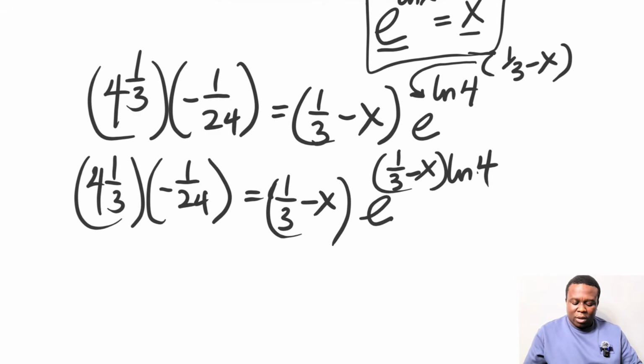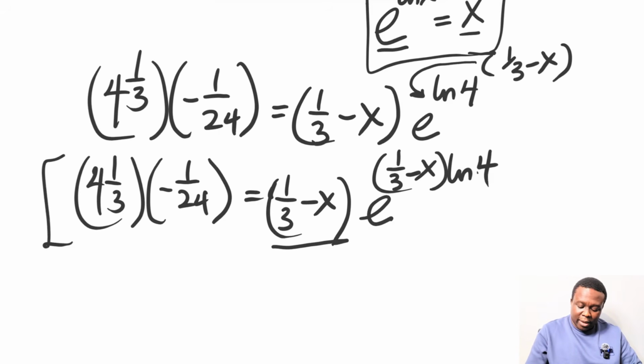Now, we notice that we've introduced ln of 4 at the power. So we need to make sure that the ln of 4 also appears in the base, just to satisfy the formula that we're trying to employ.